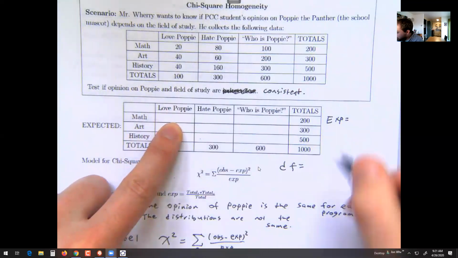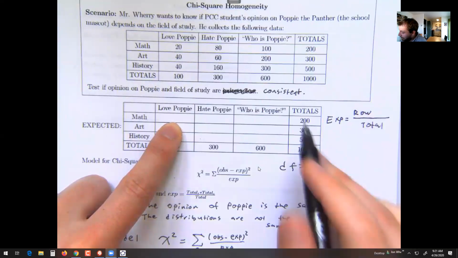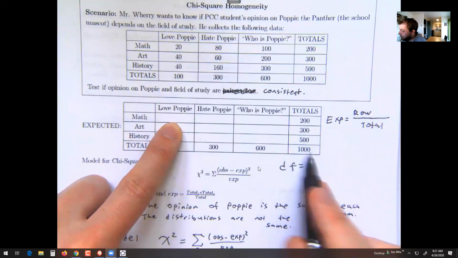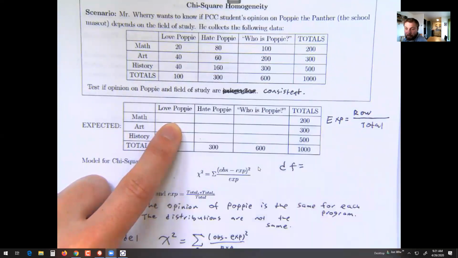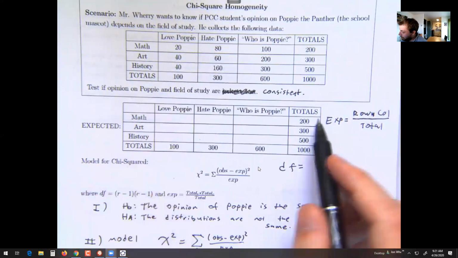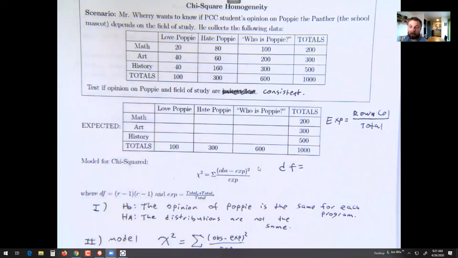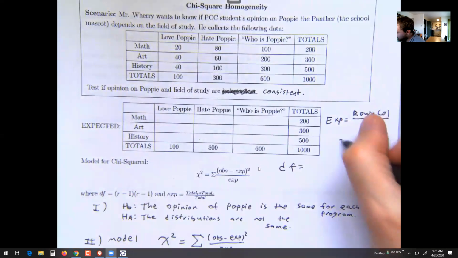So what I'm going to do is I'm going to take the total for the row divided by the total overall. So that's just 200 over 1,000. This is that 20% ratio. And I'm going to multiply this by the total of this column, 100. So intuitively, I have 20% of 100. I feel like this number should be 20, but let's just use a formula and see what we get.